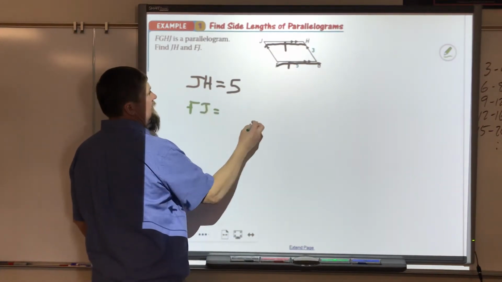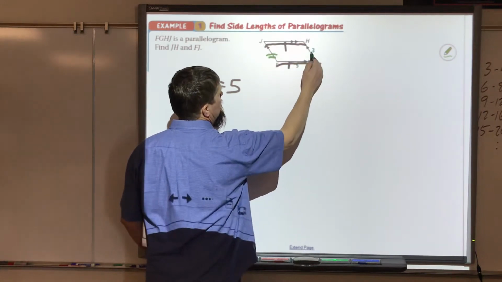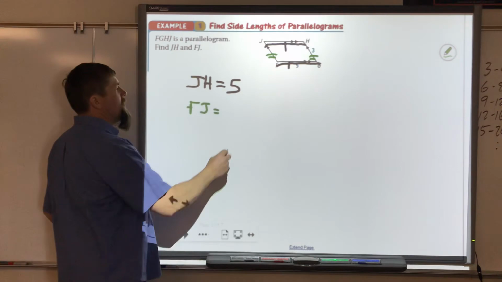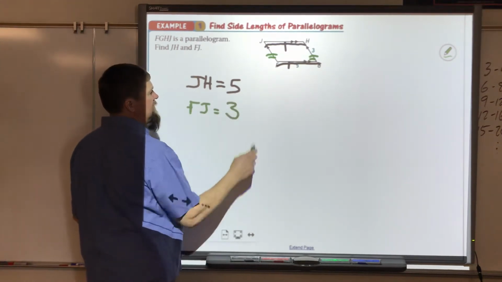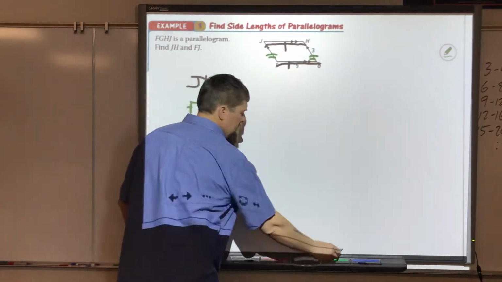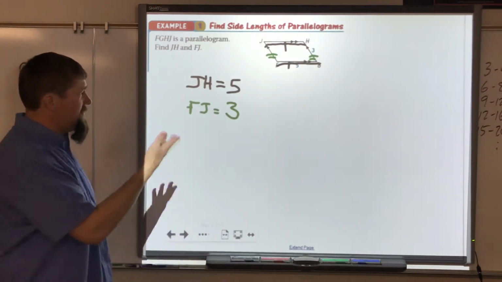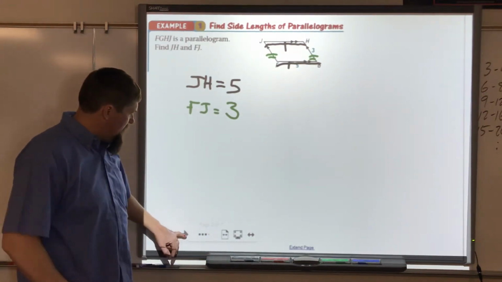FJ is opposite GH, and they are also congruent, so FJ has to be 3. Okay, remember the opposite sides are congruent, so you're using that just to be able to know what the other sides are.